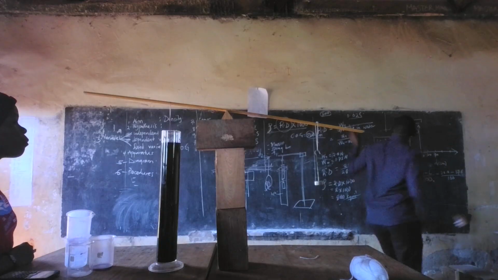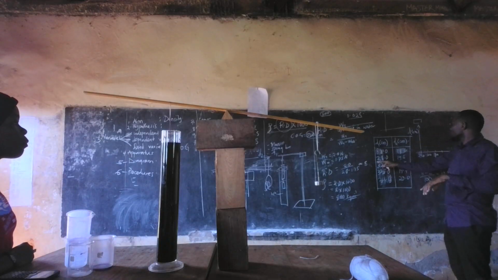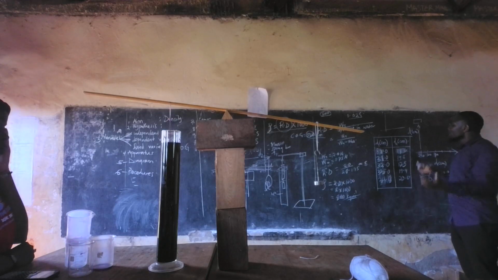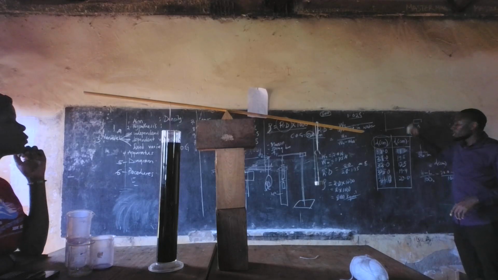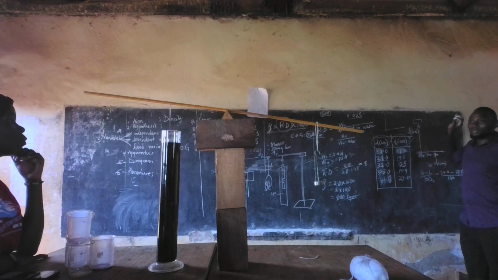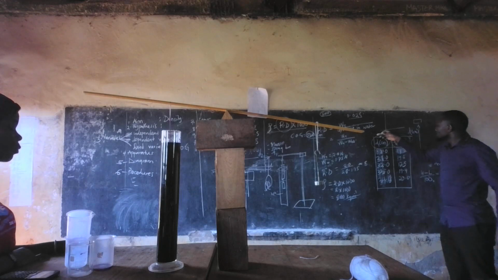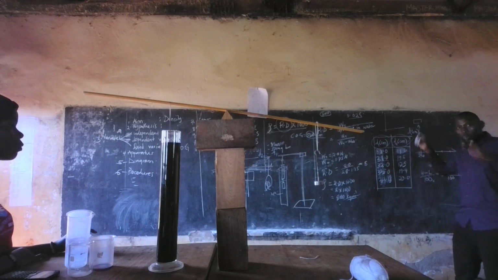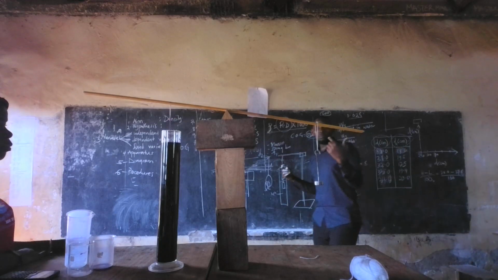Then you don't need to talk for all that you have balanced with the 30, you have obtained 18.6. You have balanced with 31, you have obtained this one. You say that the experiment is repeated with different values of D1 and the corresponding values of D2 are obtained. Or the experiment was repeated with different values of D1 and the corresponding values of D2 were obtained.